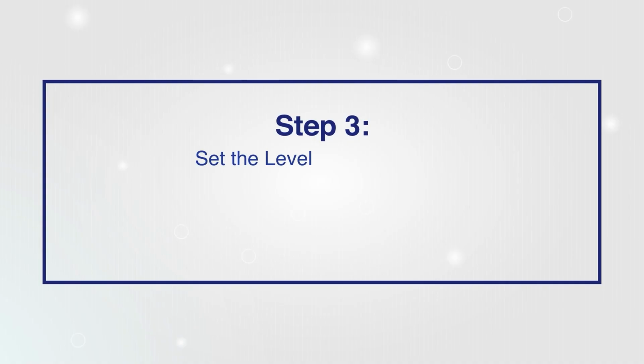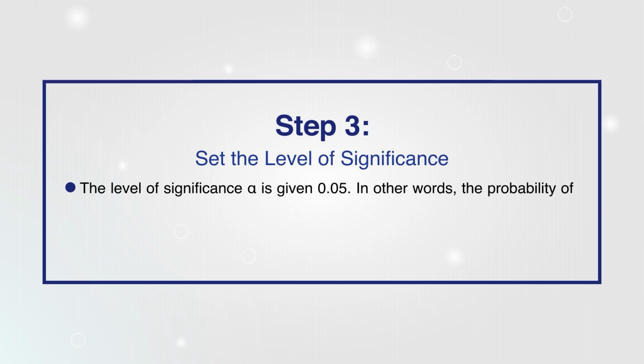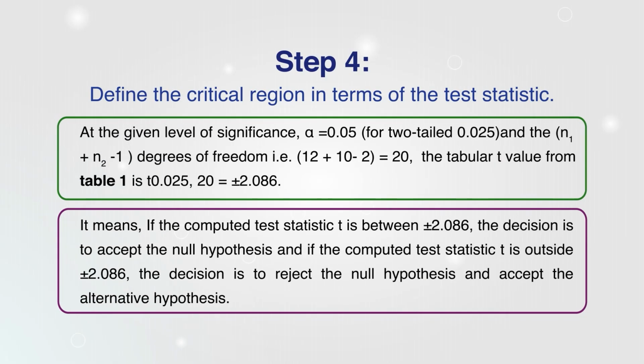The third step is to set the level of significance. We already stated that the level of significance is given as 0.05. Now define the critical region. So we have to define a critical value that separates the acceptance and rejection regions. If the computed value of the test statistic falls in the acceptance region, the null hypothesis is accepted, otherwise it is rejected. At the given level of significance, alpha equal to 0.05, for two-tailed it is 0.025, and the n1 plus n2 minus 2 degrees of freedom, that means 12 plus 10 minus 2 is equal to 20.